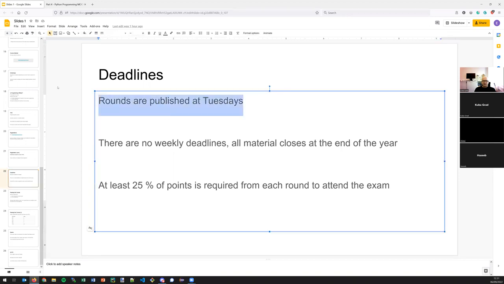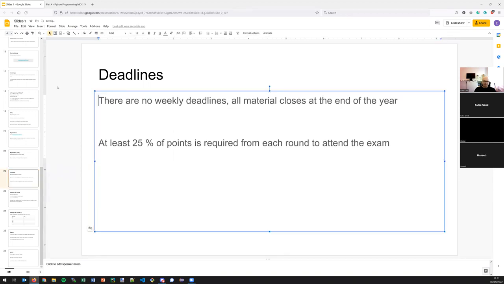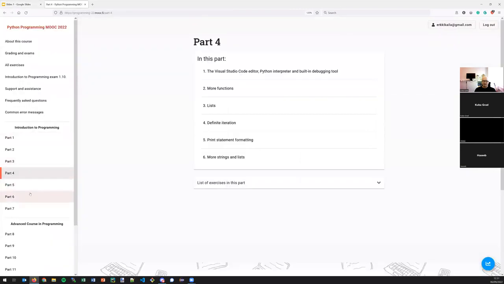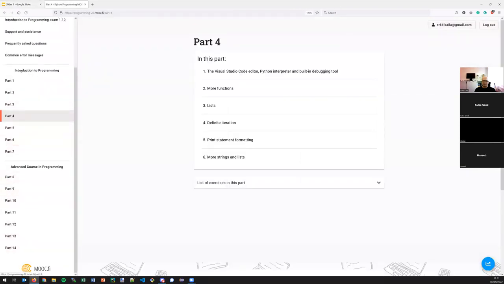This isn't actually true now. We have published all the materials. There are no weekly deadlines, so all material closes at the end of the year. If you take a look, all 14 parts are available now. This also means that if you're really quick, you can complete the first 7 parts in less than 7 weeks.